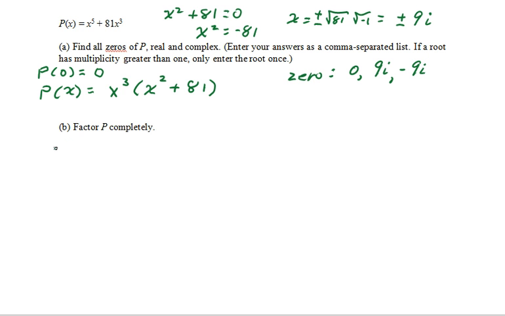So when it asks us to completely factor p of x, we have x cubed times, and since 9i is a 0, x minus 9i is a factor, and since negative 9i is a 0, x minus negative 9i is a factor, so x plus 9i.